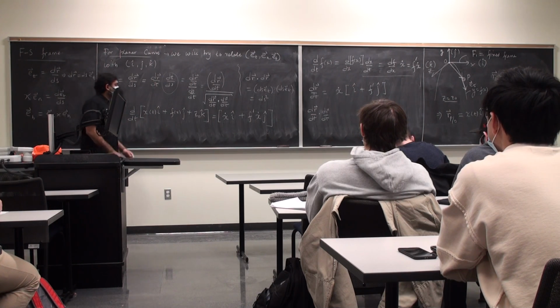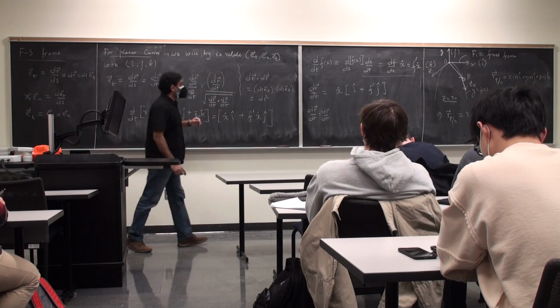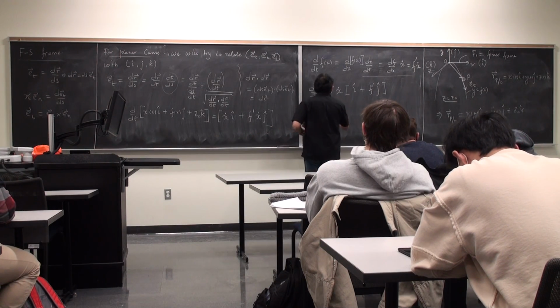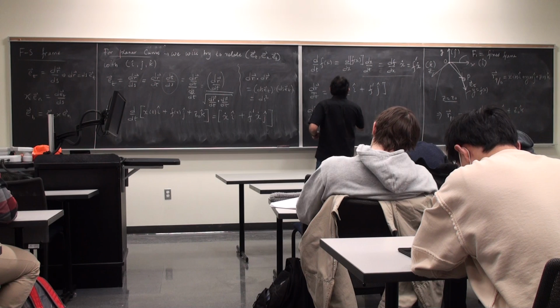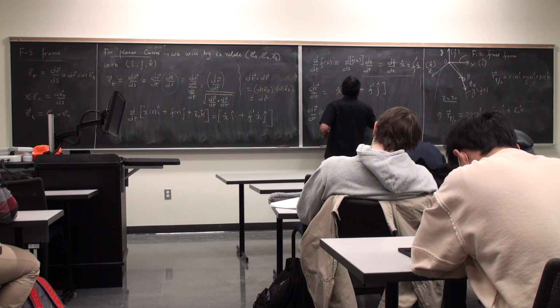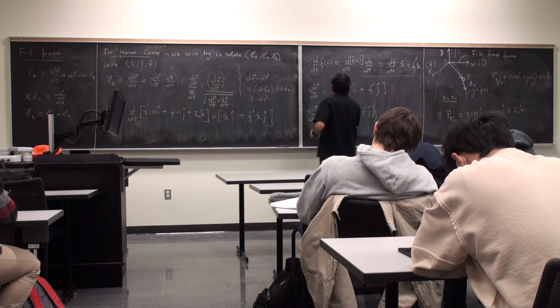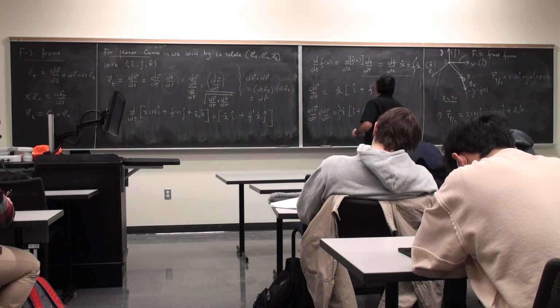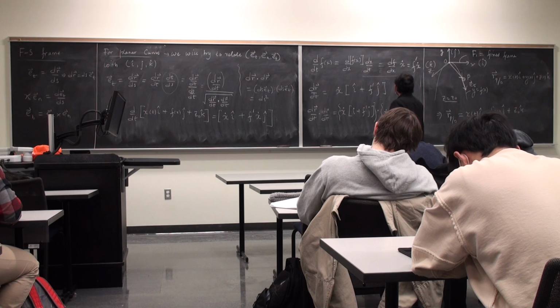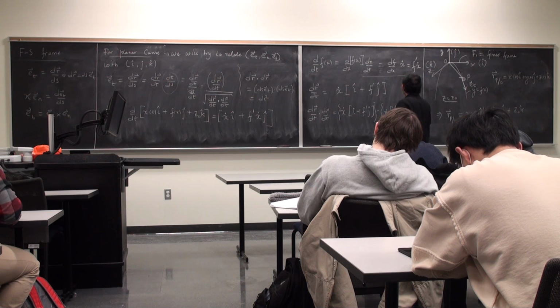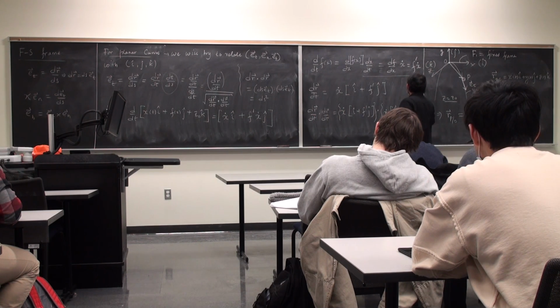So dr by dt dotted with dr by dt is x dot i hat plus f prime j hat dotted with x dot i hat plus f prime j hat. This is the dot product of two vectors, which gives you a scalar.